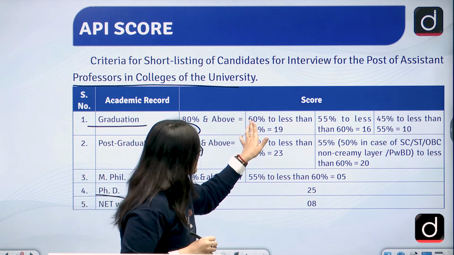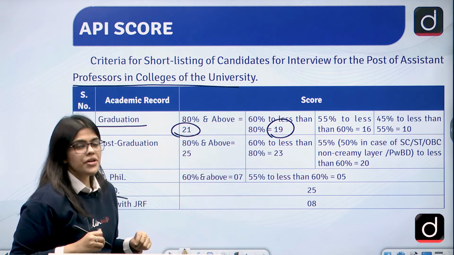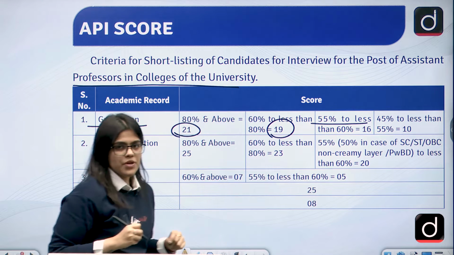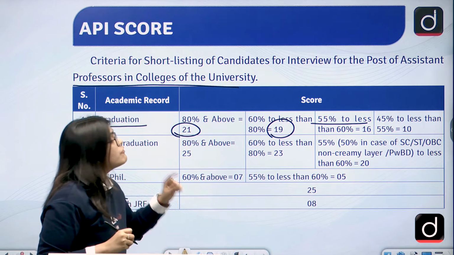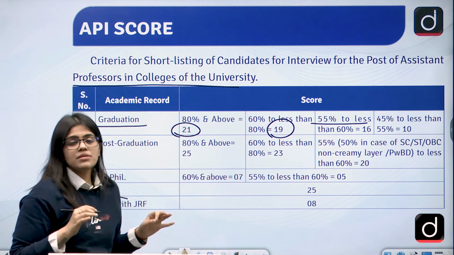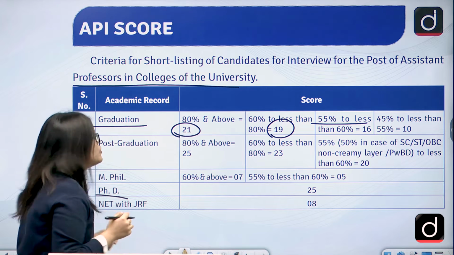If it is 60% to 80%, 19 marks are awarded. If you lie 55% to 60%, then 16 marks would be awarded. And if you lie in 45% and less than 55%, 10 marks would be awarded to you, depending on the criteria and the marks that you have.